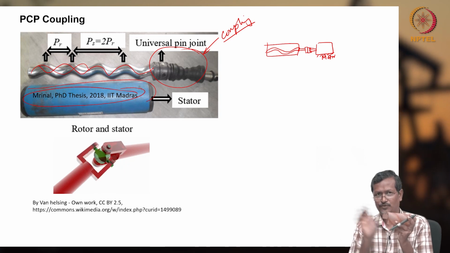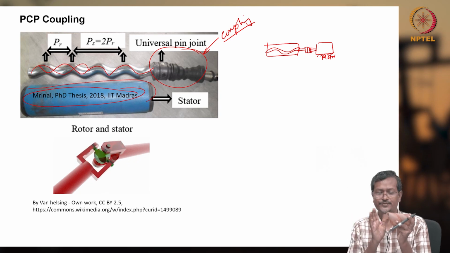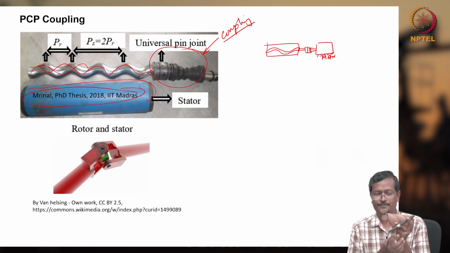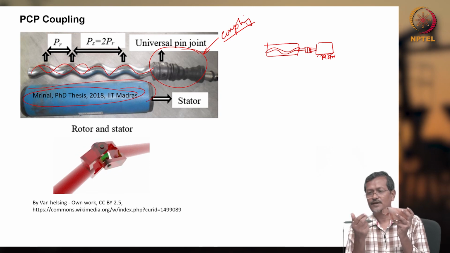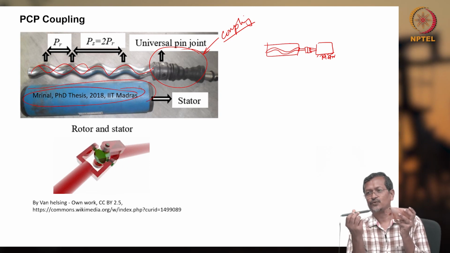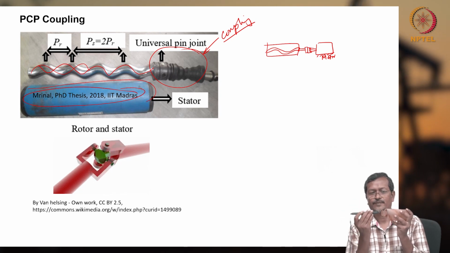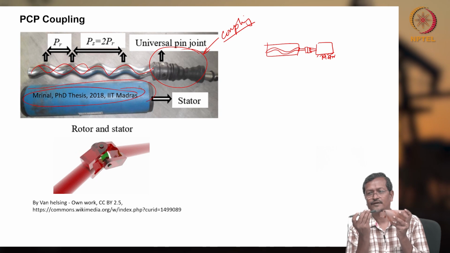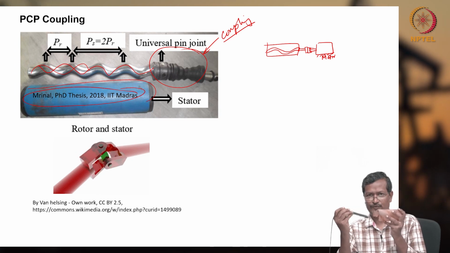Rotor means PCP rotor; the motor also will have one rotor, but I am not talking about the motor rotor, I am saying this PCP rotor. So, the PCP rotor is rotating and moving like this, while the motor's other end is rotating only, it is not moving like this. So, this end must be fixed and this will be moving.